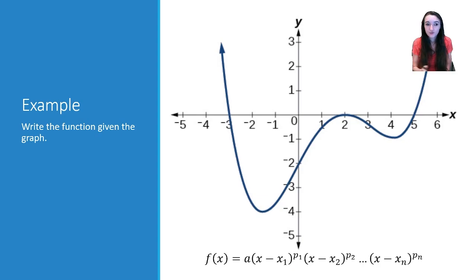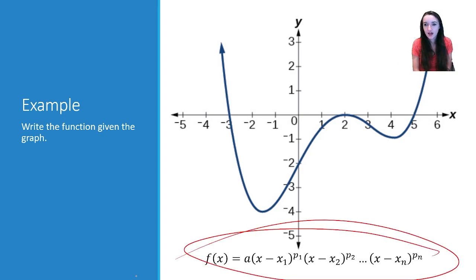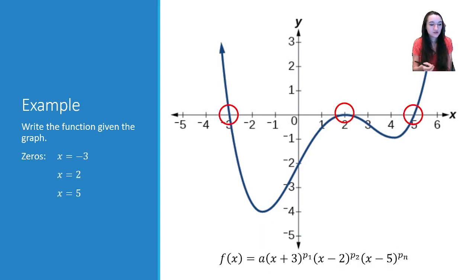So, if we wanted to write the function given the graph, I start with this base f of x that I had on the previous page. This is just a basic function. And then I'm going to first determine where my zeros are. Well, my zeros are at x equals -3, 2, and 5.